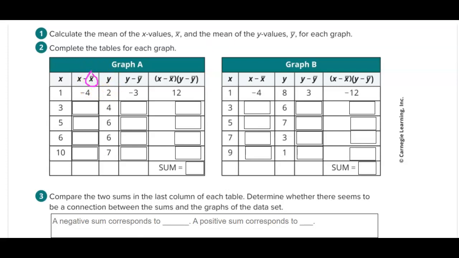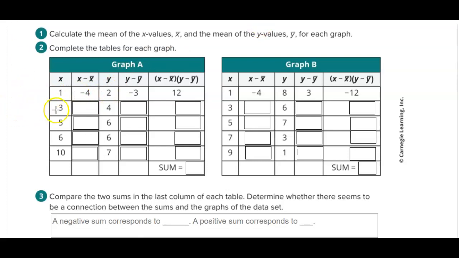So what you're going to do in this column is you're going to take your x value that's here, and then you're going to subtract the mean that we found. So for example, in this row, we're taking 1 minus 5, which is -4, and writing that -4 in there. Then next, it's always going to be minus 5.